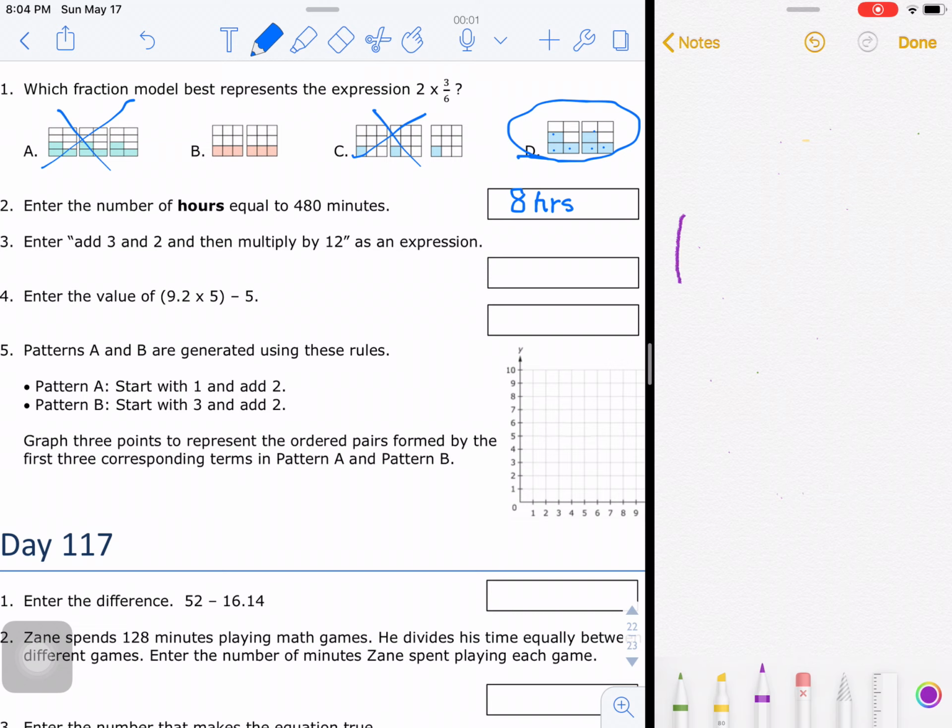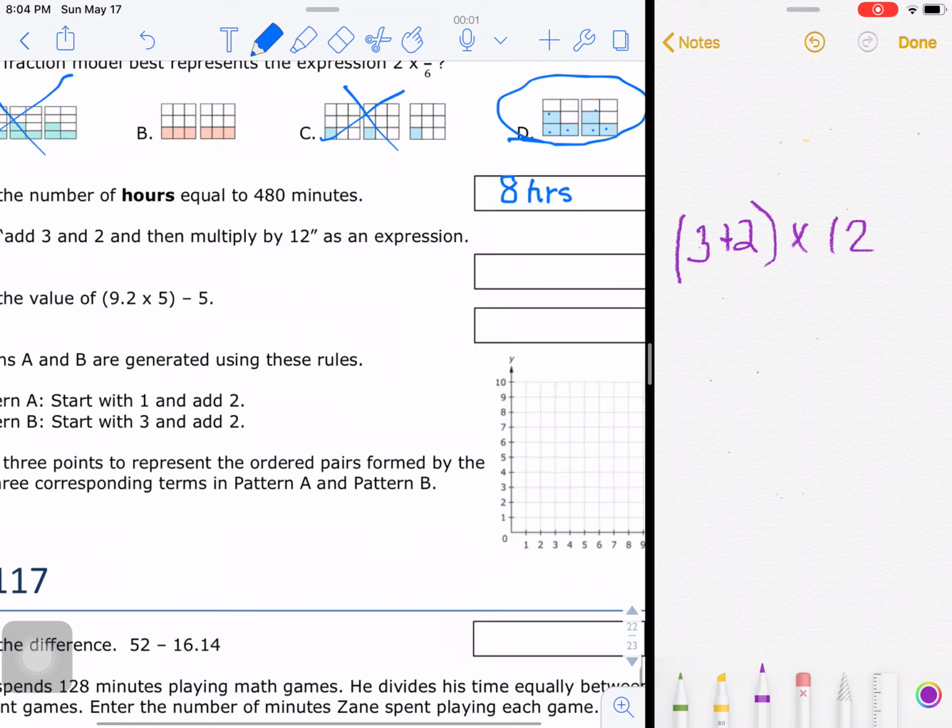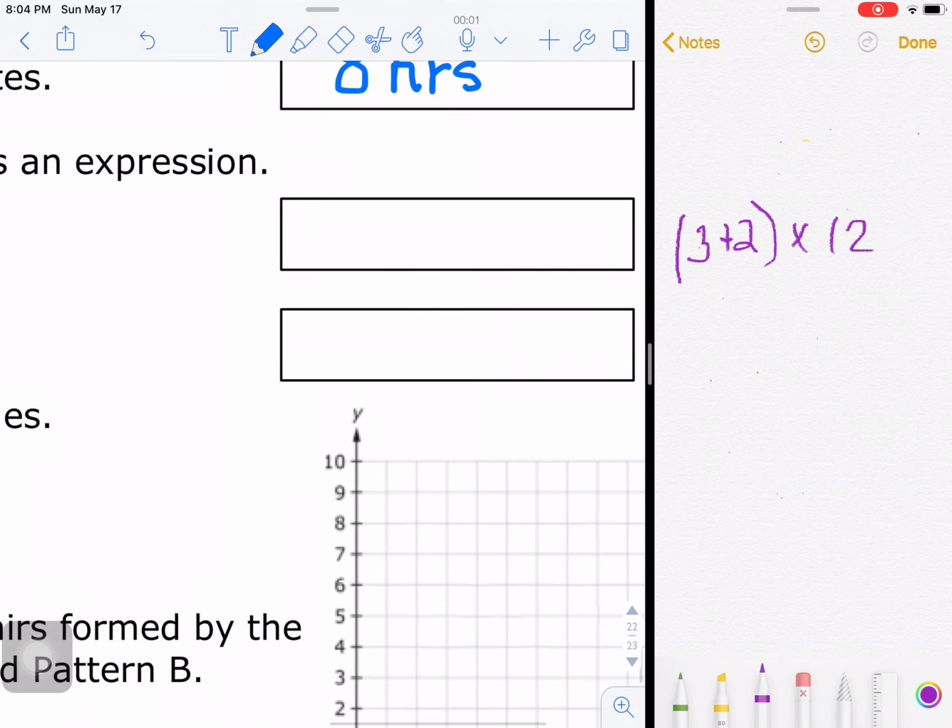So the first thing I do is add 3 and 2, and I put parentheses to tell that that's the first thing. And then I can multiply. So there's my expression. I do not need to solve this problem because it just says to enter that as an expression.